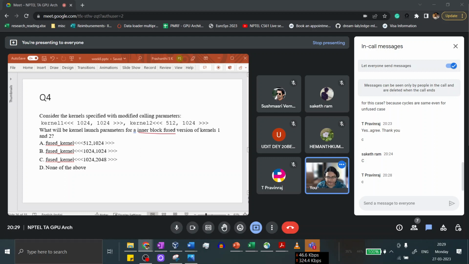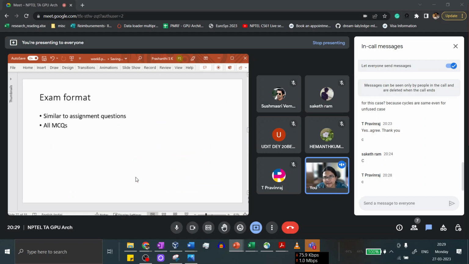Anyone else? Okay, maybe let's try to make this easier so that next time you guys don't forget this. So the answer is C, as someone had correctly said, 1024 comma 2048, right?